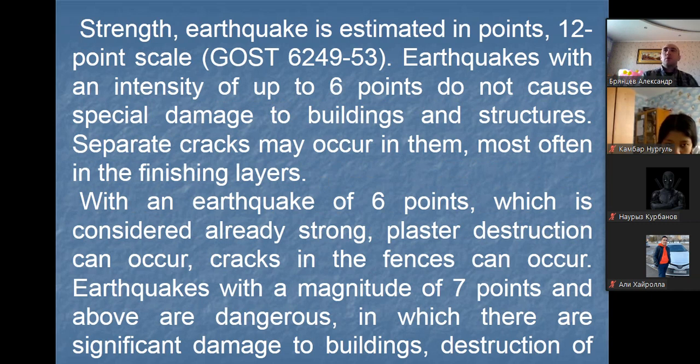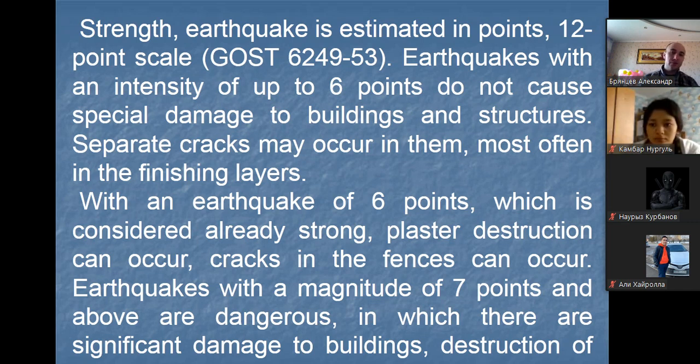If we talk about estimated earthquake intensity, in our regions the 12-point scale is accepted, and according to it the strongest, most dangerous regions are located in the south part of our country.